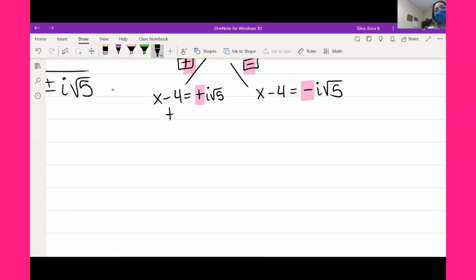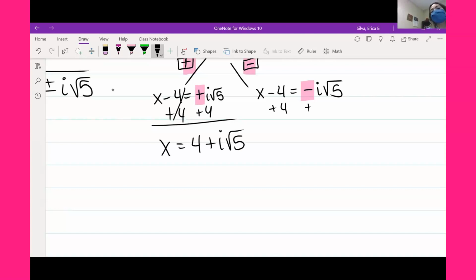And then we can add 4. x is equal to 4 plus i square root of 5. And then add 4 to this side. x equals 4 minus i square root of 5.